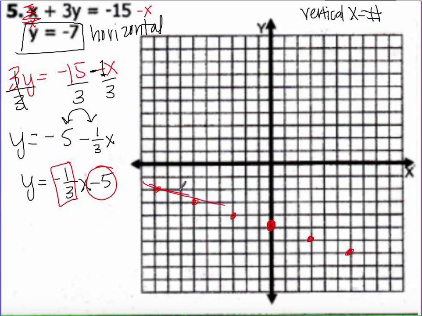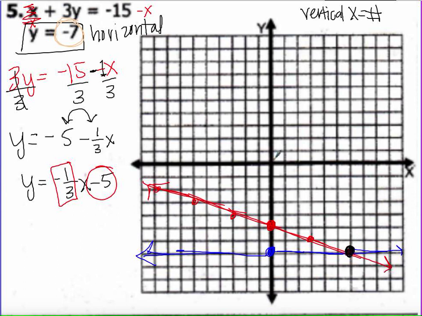Okay, so there's my first line. When I graph the special case line, I need to go to that value on y, so I'm going to -7, put a dot, and it is a horizontal line. So the point of intersection here is right here.